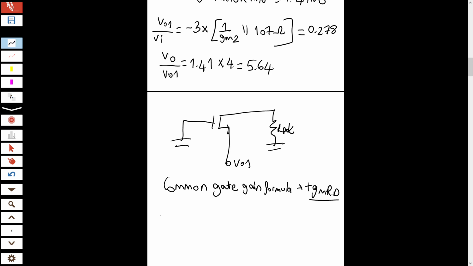So my total gain equals V output over VI, which equals VO1 over VI times V output over VO1. It is 0.278 times 5.64, which is 1.57.